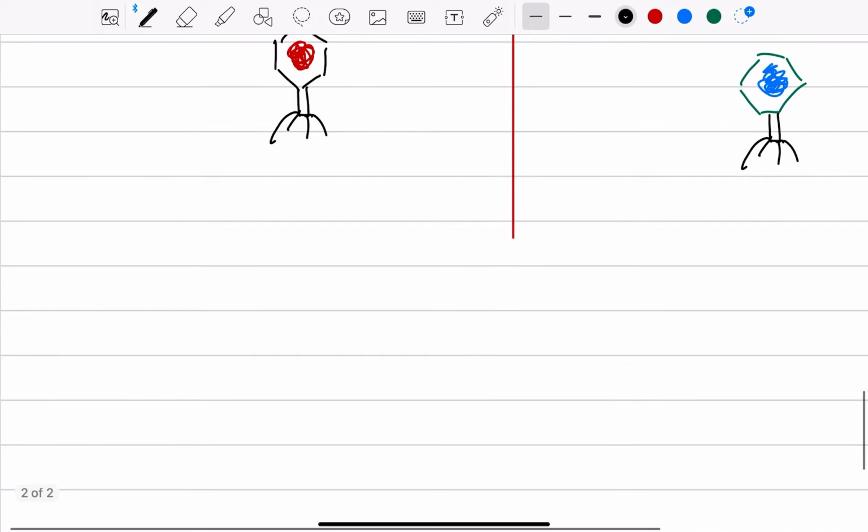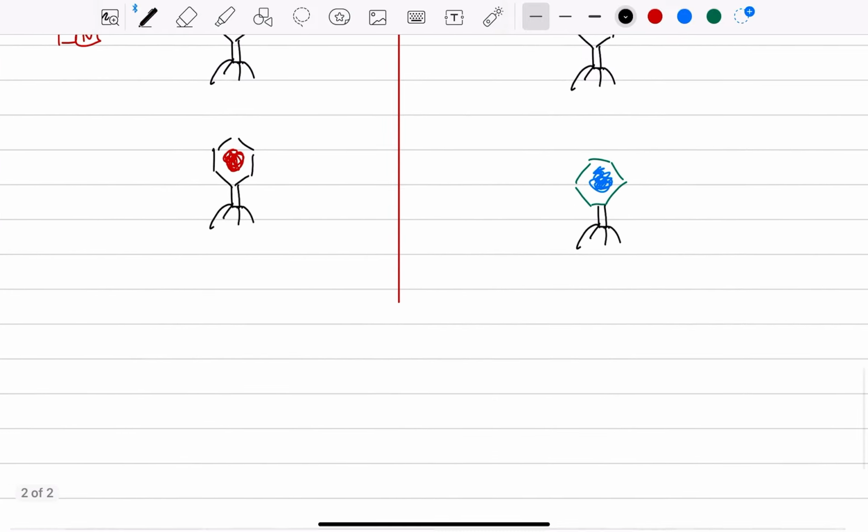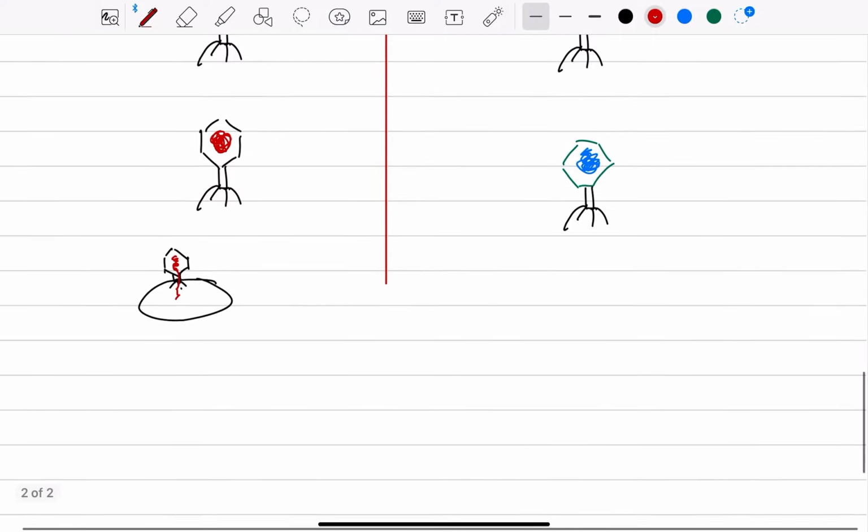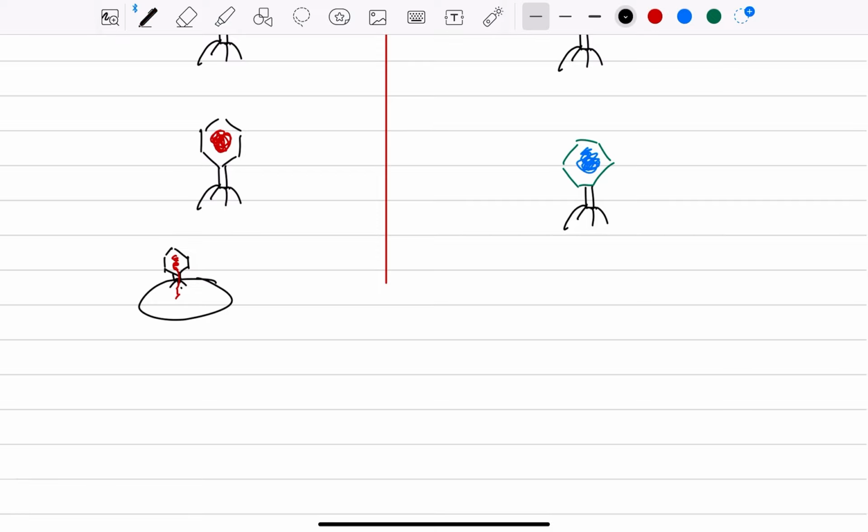Okay, and now we know that bacteriophage infects bacteria. That's why they're called bacteriophage. They infect bacteria so that they can reproduce and make more of themselves, because they're a virus, they cannot reproduce by themselves and they need some kind of host to make more of them.